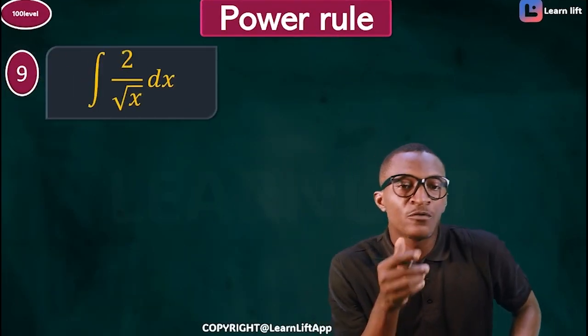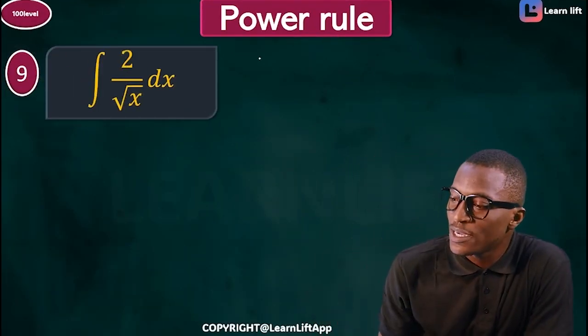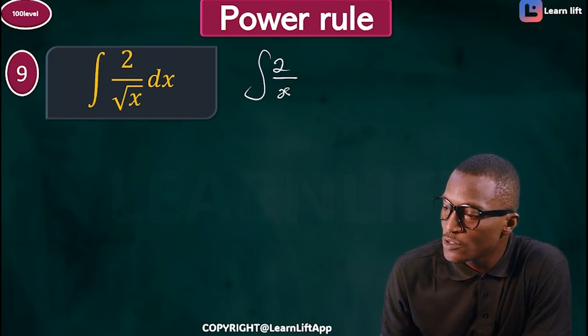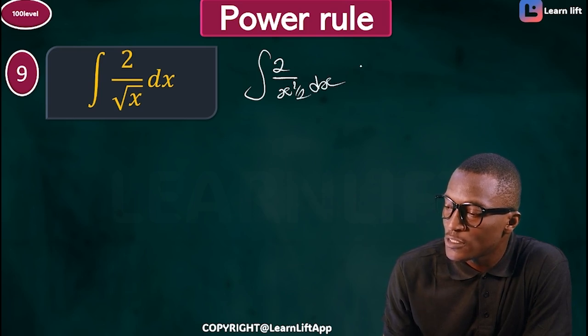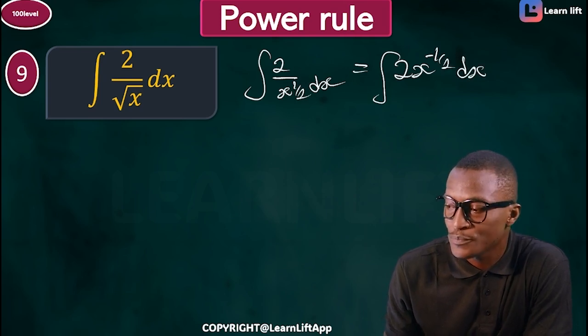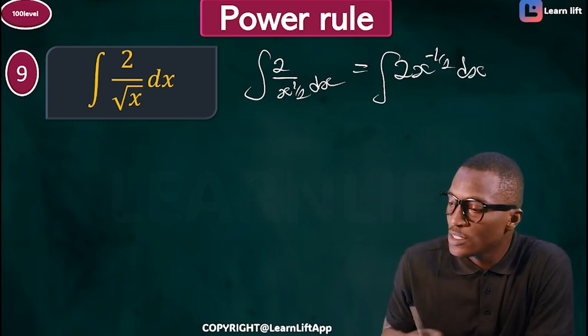Now let's do question 9. We have integral of 2 over root x. This is simply saying integral of 2 all over x raised to power half dx. This is practically saying 2 integral x raised to power minus half dx. Are you seeing that? So bring out your constant.